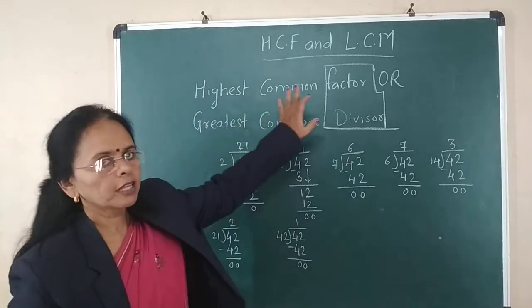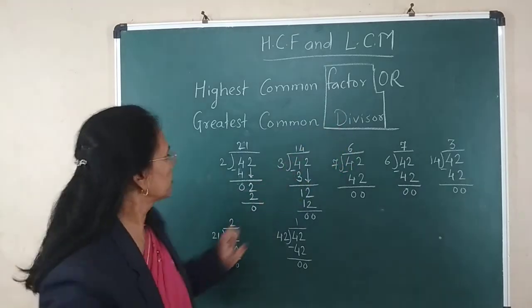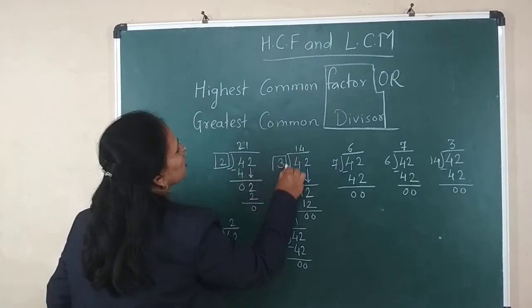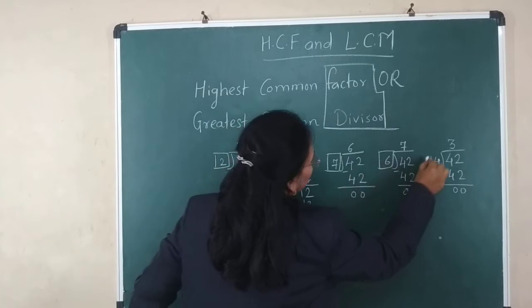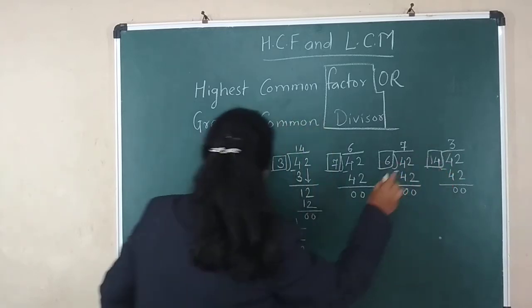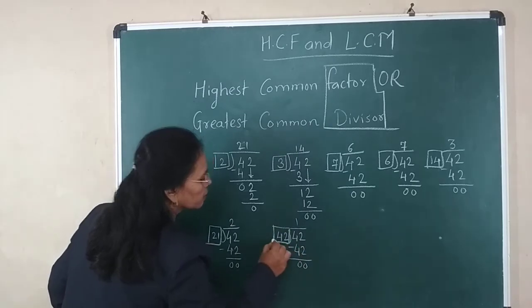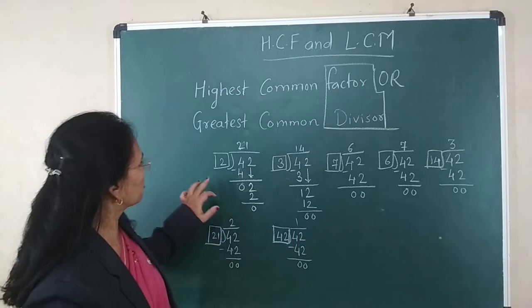So, now we'll see what are the factors or divisors. The numbers which are changed here. We have divided 42 by different numbers.